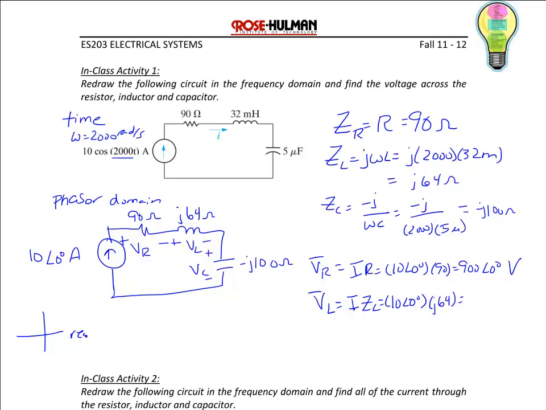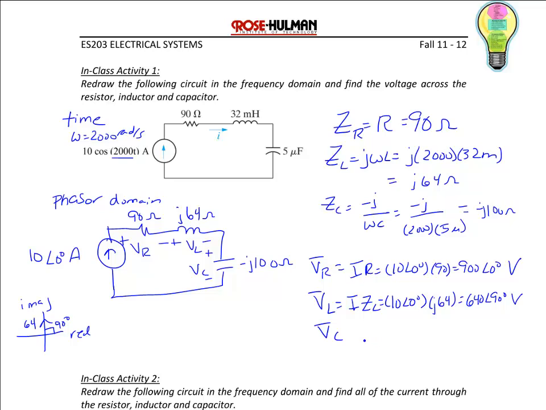Because this is the real axis and this is the imaginary axis, j64 would be a vector that points straight up the imaginary axis with a magnitude of 64. That's the same as writing 64 with an angle of 90 degrees, because it has an angle of 90 degrees with respect to the positive real axis. So this would become 640 with an angle of 90 degrees. And the units are volts.